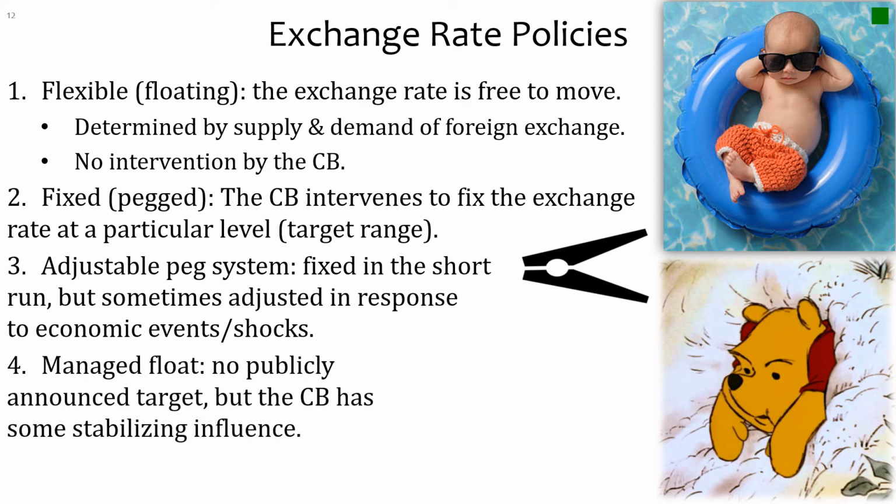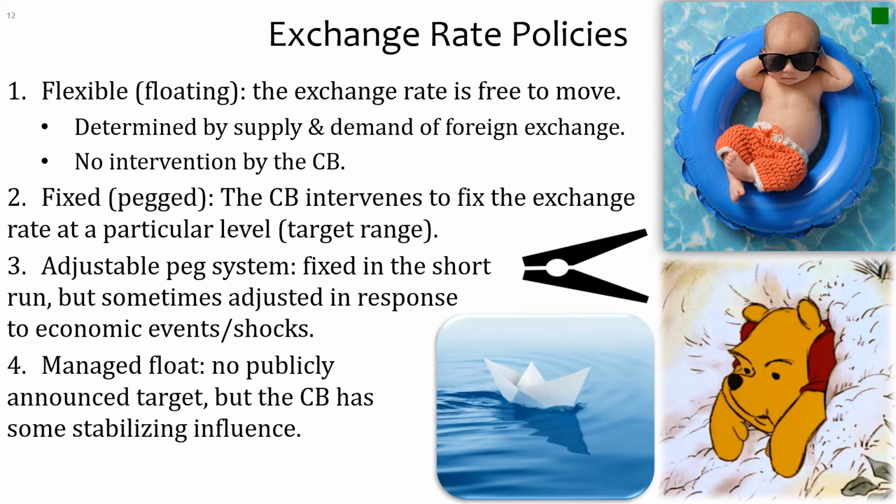And the other one, which is also a hybrid, is managed float, where there is no publicly announced target, but the central bank has some stabilizing influence. So overall, it is floating, but sometimes the central bank sends a wave to modify it. Really the main two that you want to focus on would be the first two, flexible and fixed. So pause here and write down your notes.